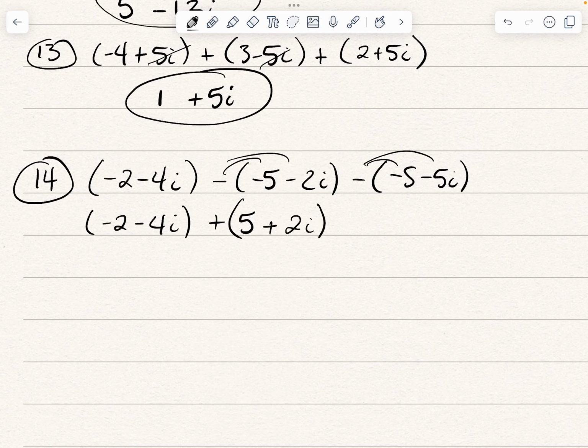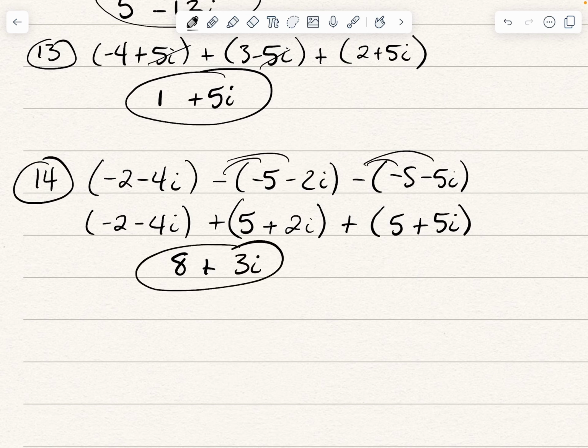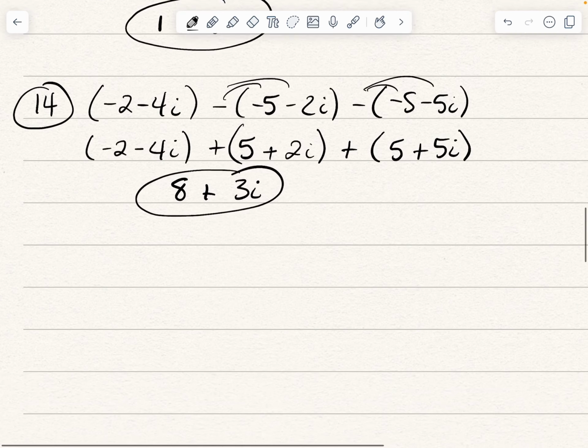All right, again, over here, both of these are going to change to be positive. So we have +5 plus 5i. And now this line turns into the same type of problem that we just had. Right, so you have -2 plus 5, which is 3, plus another 5, which is 8. -4i plus 2i is a -2i plus 5i is a +3i. So this one's 8 plus 3i.